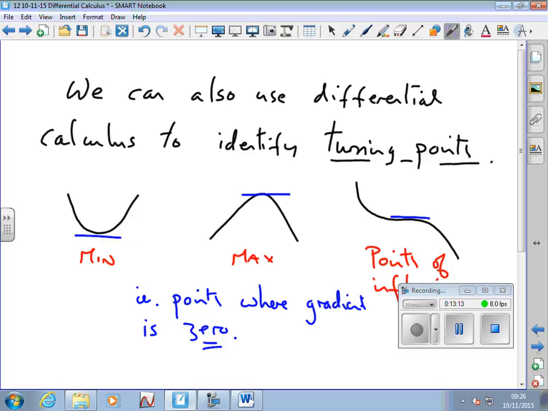By turning I mean where the gradient goes from, say, negative to positive, or positive to negative, a turning point, or, much less likely, a negative to another negative, a point of inflection it's called, but we're not going to look at those in any great detail. These are the ones we're going to focus on.